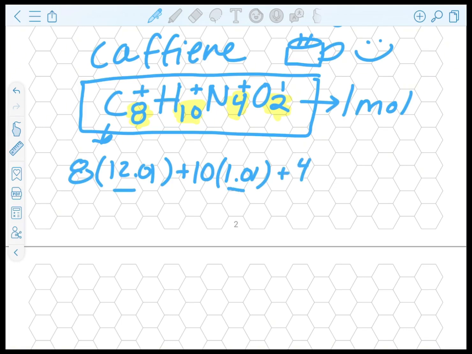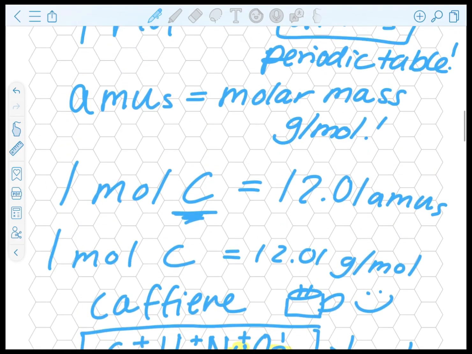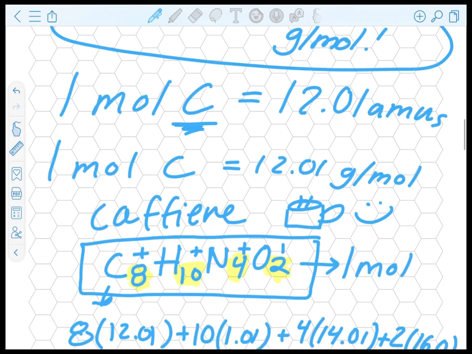We're going to add that, do the same thing to nitrogen. 4 nitrogens, AMU of nitrogen is 14.01. 2 oxygens, so 2 times 16. And that gives us 194.22 AMUs. And remember, AMUs and molar masses are equivalent.